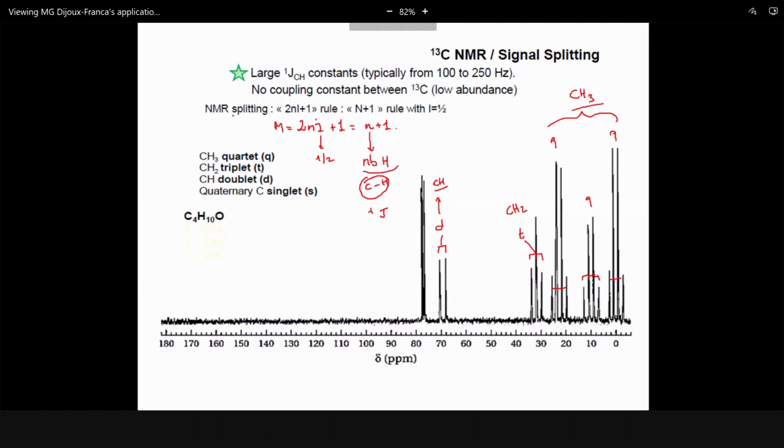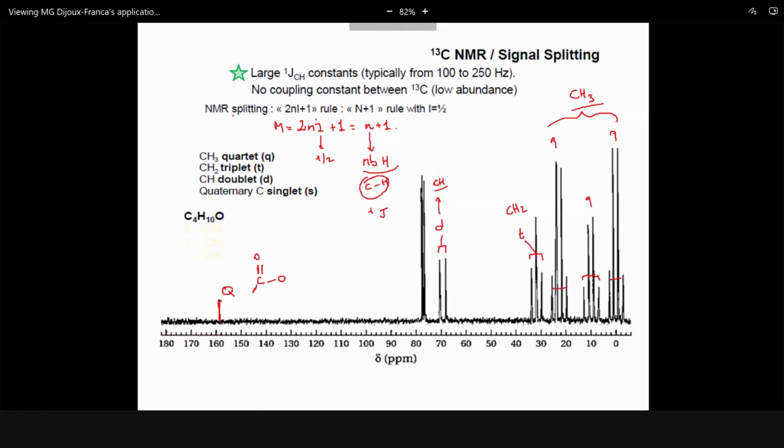And we don't see it here, but if you have a singlet, let's say here, that means that it's a carbon without any proton on it. That means it's a quaternary carbon, just like a ketone, not at 160, but an ester group, for example. There is no proton on it, so it's a quaternary carbon. Okay.